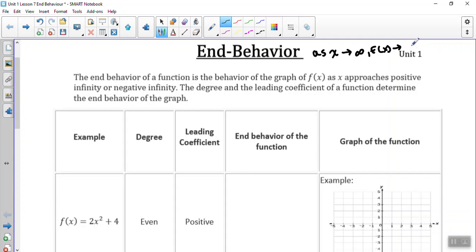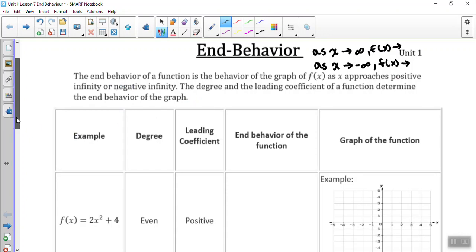Right now we're not looking at a function, I'm just showing you how to write this answer. And for negative infinity: as x approaches negative infinity, f of x approaches what? We'll talk about that. Just keep in mind that's how we write the statement as x approaches positive or negative infinity.